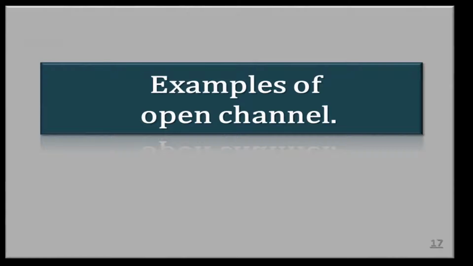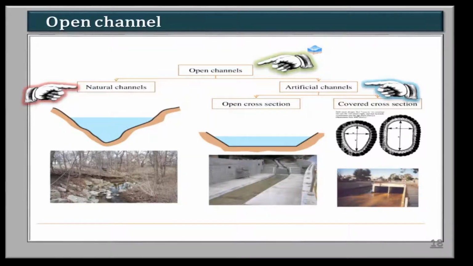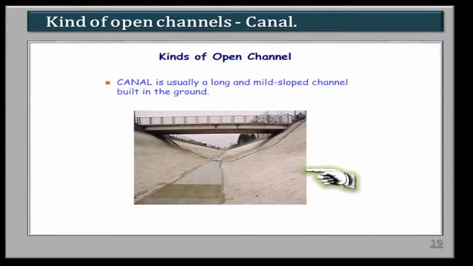Examples of open channel. Open channels can be divided by natural channels and artificial channels. For the artificial channels, there is open cross-section and covered cross-section. Open channels.